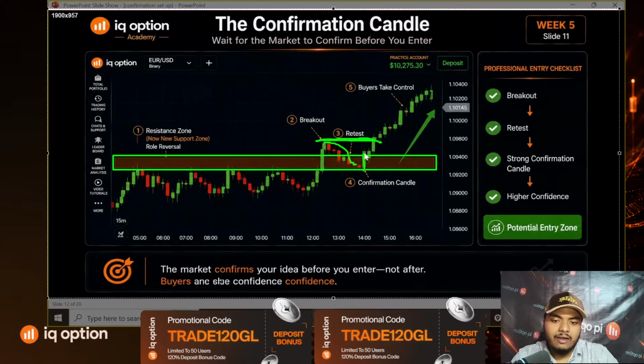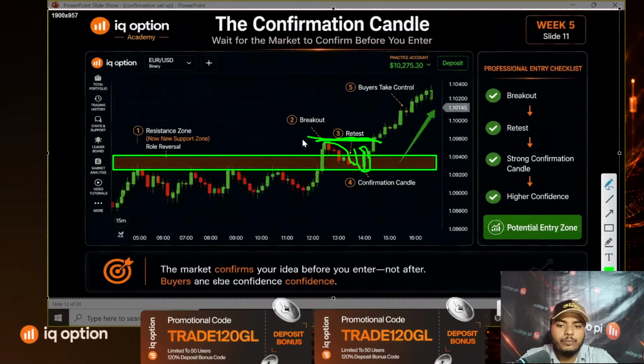After the market gives this confirmation, you have to wait for more candles to break this high. After breaking this high, you can wait for another healthy candle. If you find another healthy candle like this one, you can execute your trade here because this area is also broken. Now the market is in a clear uptrend.